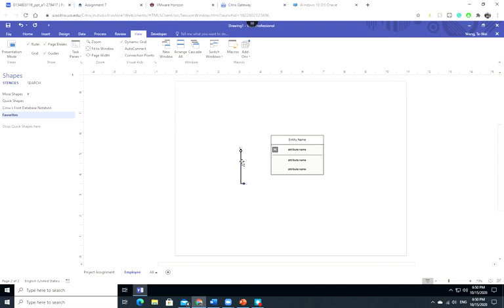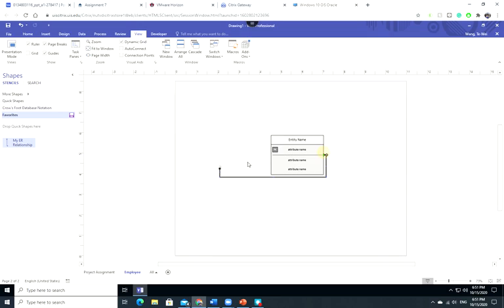If you want to reuse this one, once you have created it, you can drag and drop it to Favorites, and this will become my ER relationship, a reusable shape that you can use all the time. So this is Crow's Foot. You can always open it up, go to Favorites, and drag and drop. You have a relationship right here.